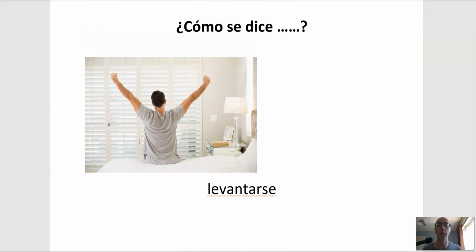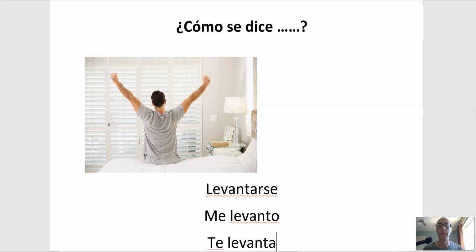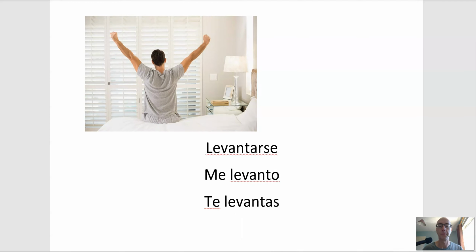levantarse. ¿Cómo se dice? I get up. Me levanto. You get up. Te levantas. He gets up or she gets up. What's the pronoun we need?